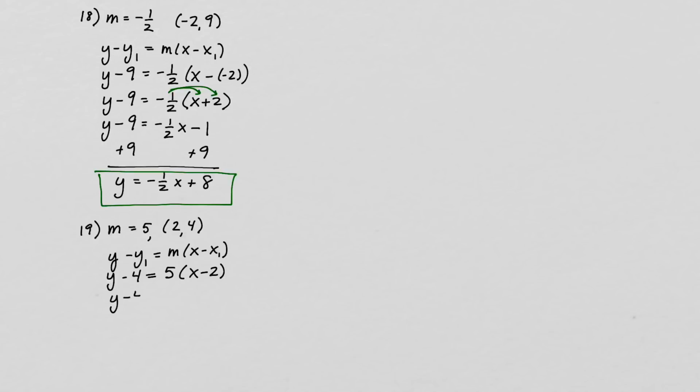So y minus 4 is going to be 5x minus 10. Add 4 to both sides. So y is going to be 5x minus 6.